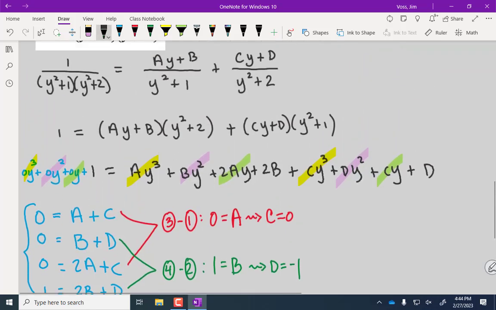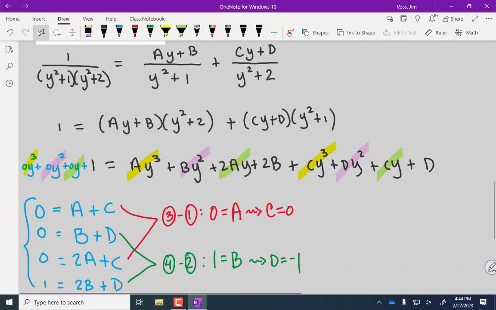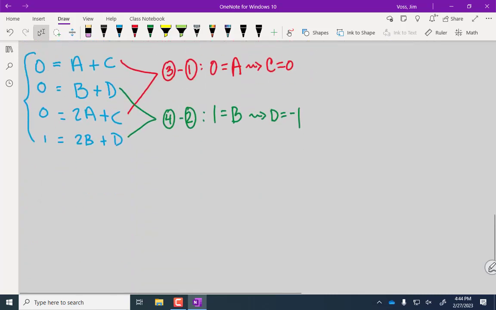So we have all 4. We'll call this original integral something. Our original integral is going to be the integral of: A is 0, so it's AY plus B, so it's going to be 1 over y squared plus 1.